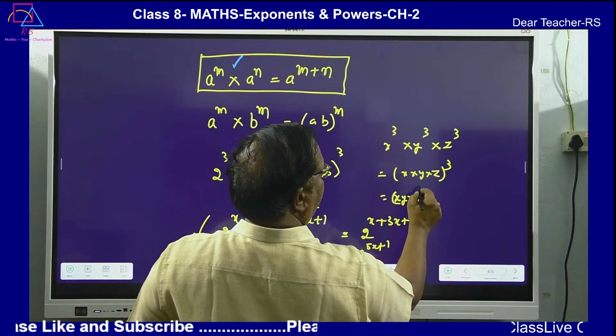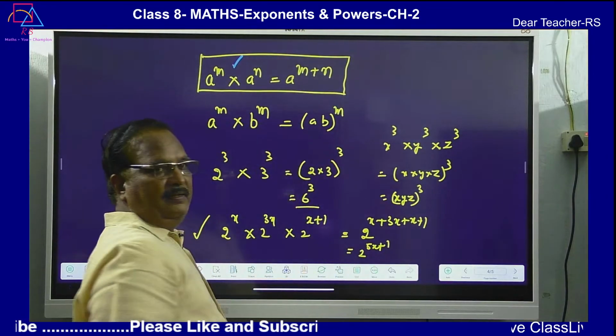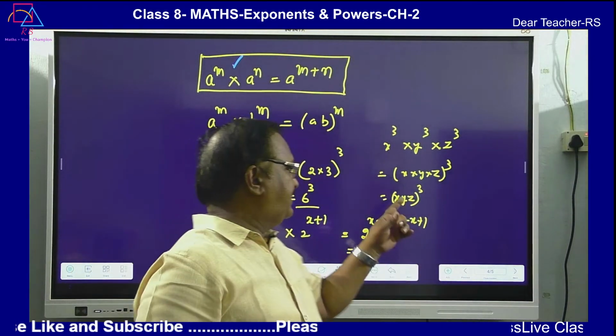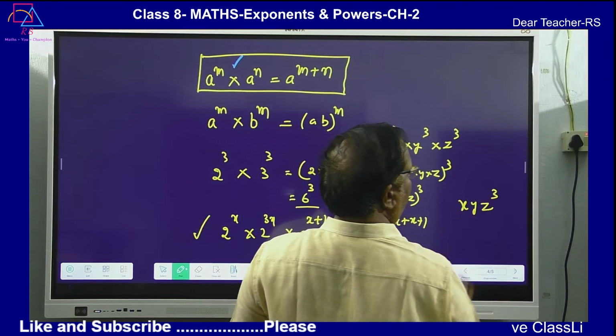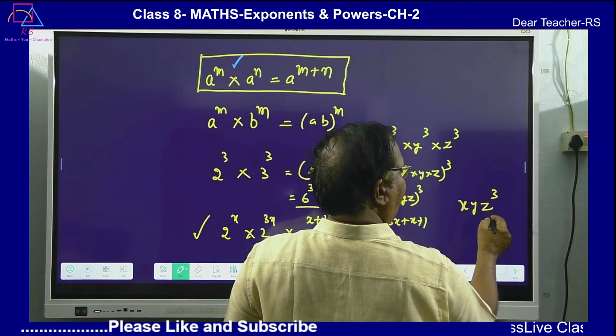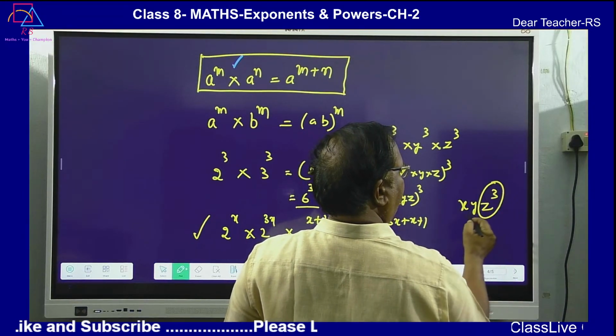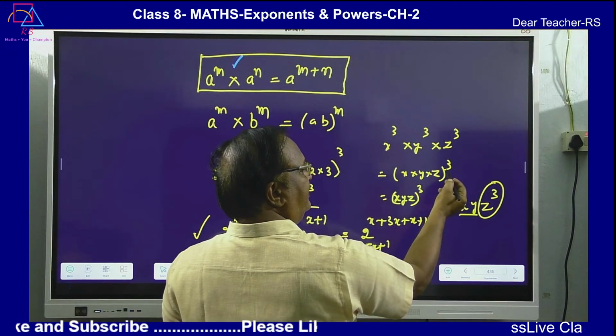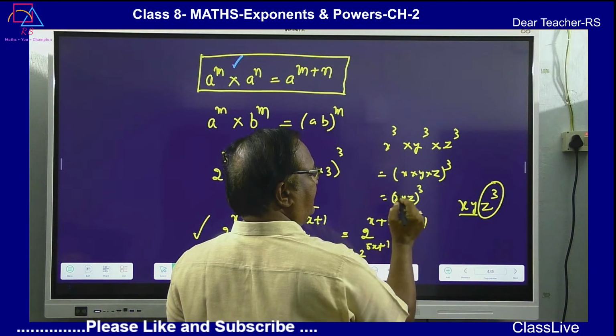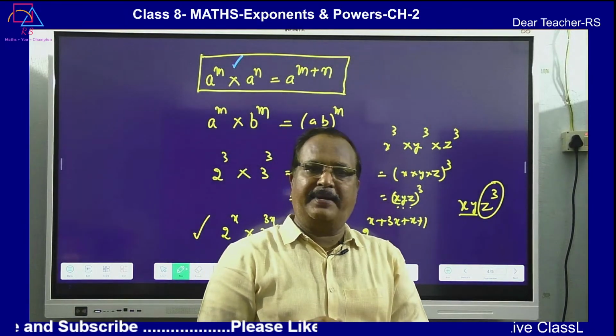You have to keep the brackets. Otherwise, if you are just simply writing xyz whole cube, then this 3 will indicate only z, not x and y. But here it is not like that. 3 is for all the three terms. That's why you should keep a bracket.